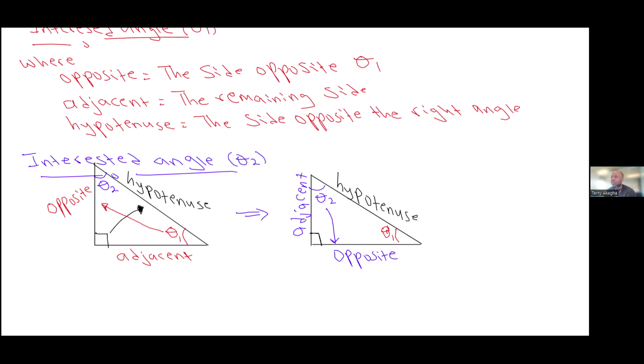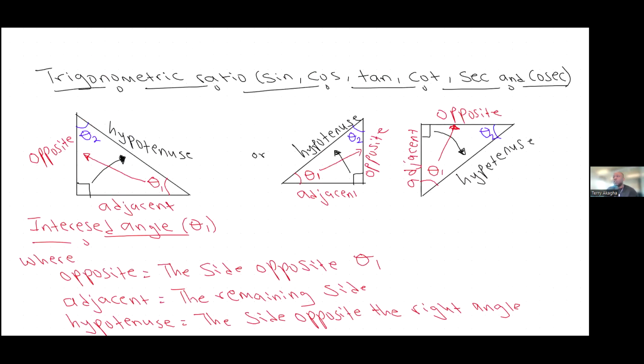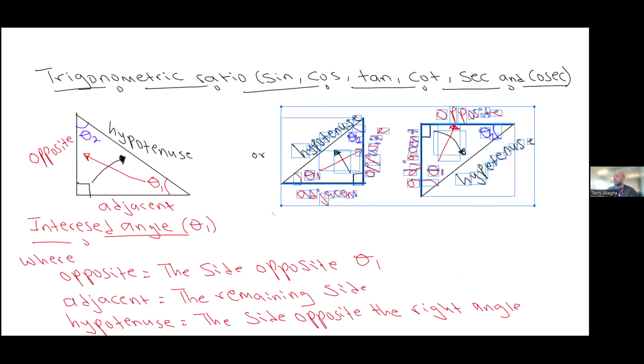So now this is the hypotenuse, this is the side directly opposite. So you can see in both cases, both for theta 2 and theta 1, the hypotenuse is constant because it's just the side opposite the right angle, all right? So the same thing, if you take the other triangles as well, and you try to draw it as well, it's going to be exactly the same thing.